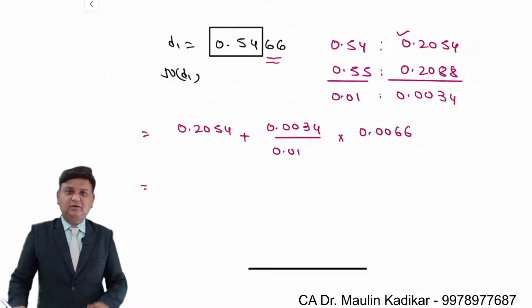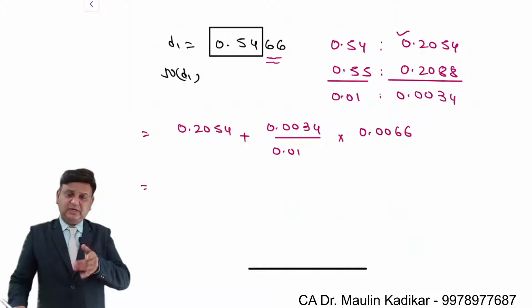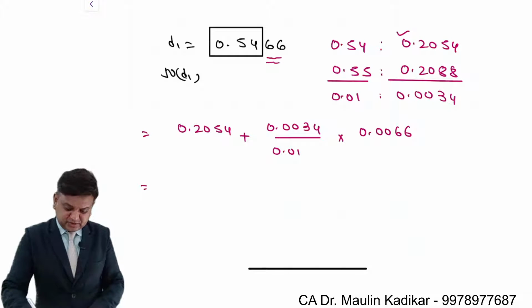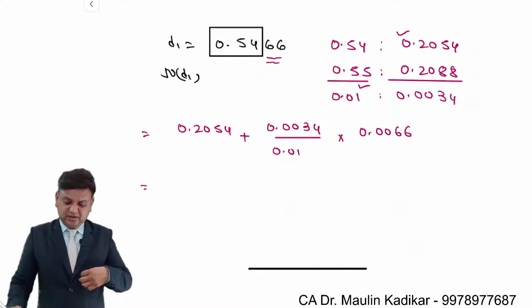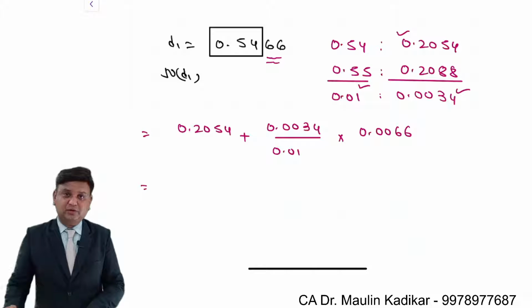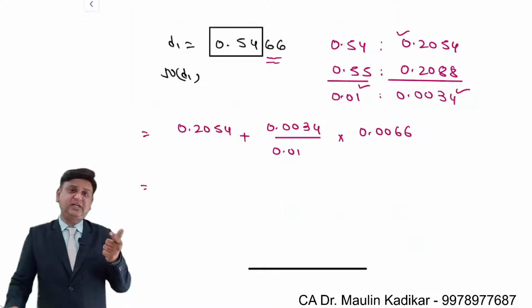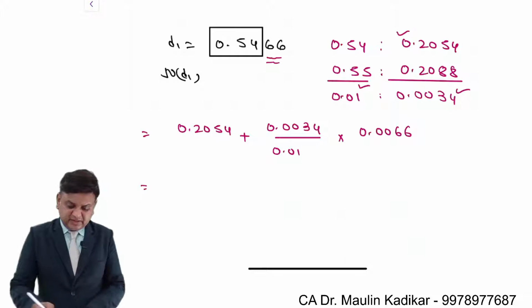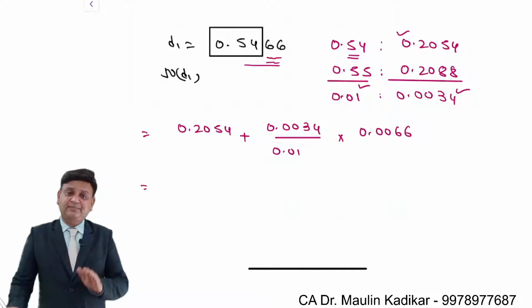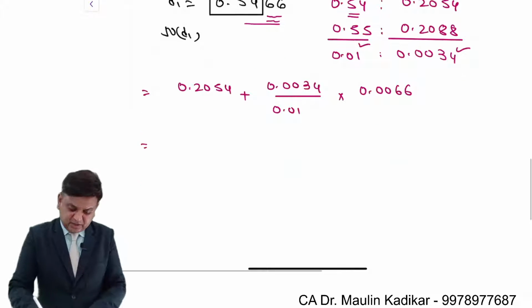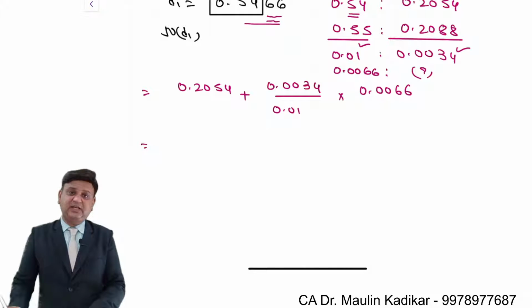See what I have done, 54 to 55. There is an increase by 0.01. That 0.01 is representing 0.0034. That is the value by which the reading increases. So when the reading increases from 0.54 to 0.5466, means there is an increase by 0.0066. It is represented by this much change in the reading.